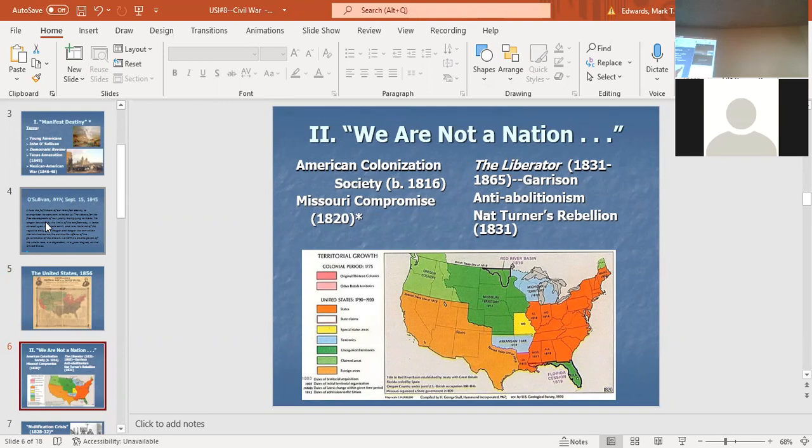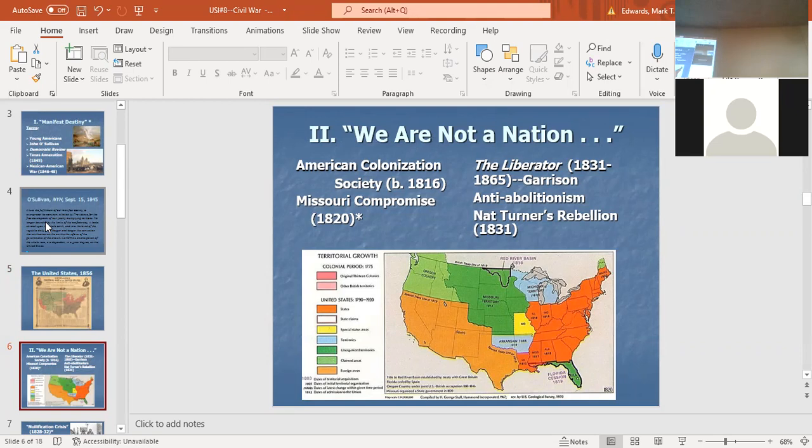As southern states were coming in, like Alabama and Mississippi, they chose slavery. This free state, slave state distinction runs through this whole period. It works as long as there's either a balance or Northerners have a little bit more of an edge.